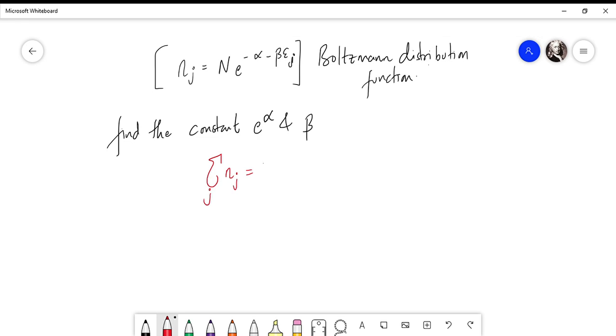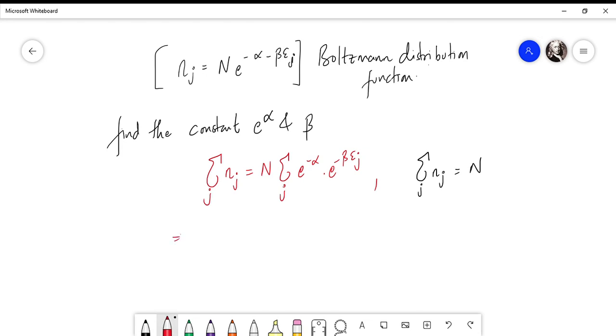And I can write it like this, right? Summation over j of e to the minus alpha times e to the minus beta Ej, and so on. And also we know that the summation of Nj is N, the sum of all the particles.